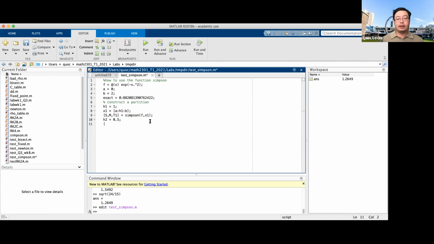Then the second computation is with respect to the partition for h2.